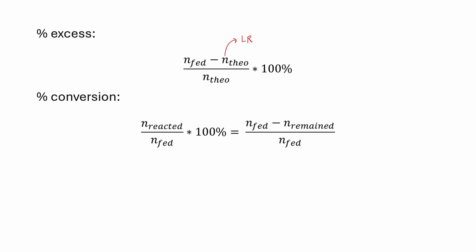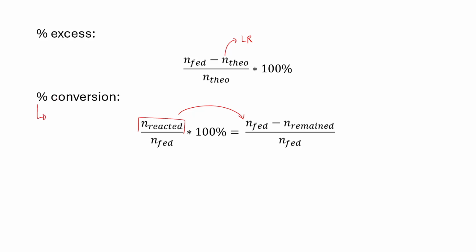Next is percent conversion. Percent conversion simply describes the number of moles of the limiting reactant, or the reactant, that is turned into the product. So it's the number of moles reacted over the number of moles fed, or this number of moles reacted is also equal to the number of moles fed minus the number of moles remaining after the reaction, over the number of moles fed.